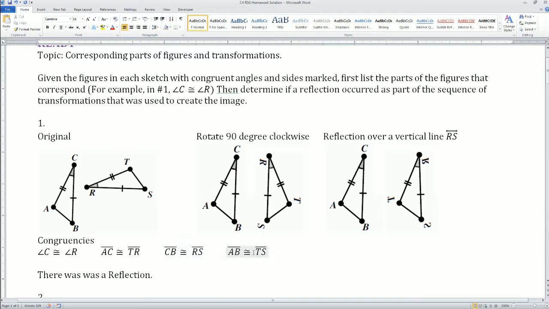Okay. Then this is true already, but I can infer this. I could also infer that AB has to be congruent to TS by CPCTC. How do I know that?